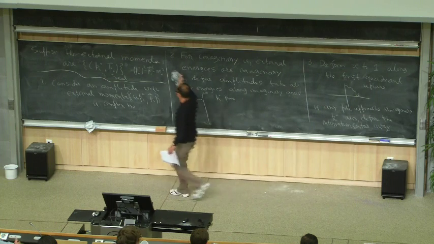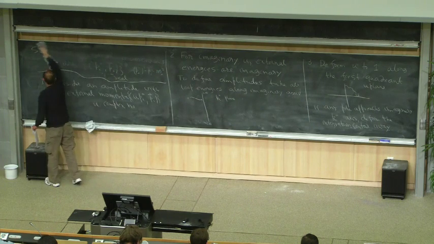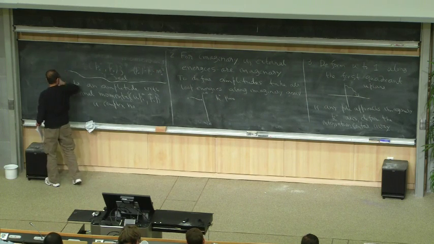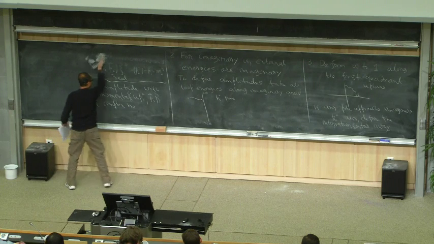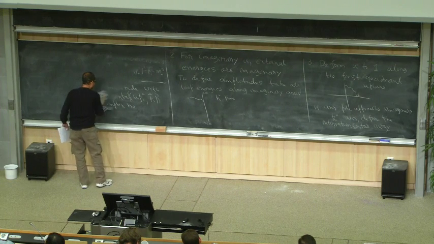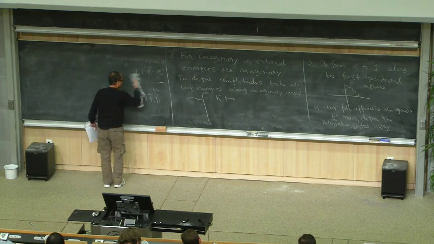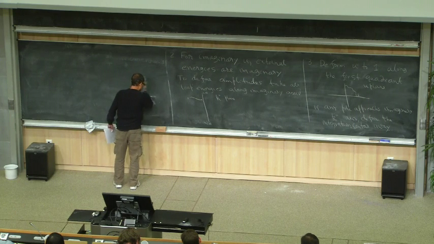Okay. So, let me draw a figure here, of how a typical integration contour will now look when u becomes a general complex number.